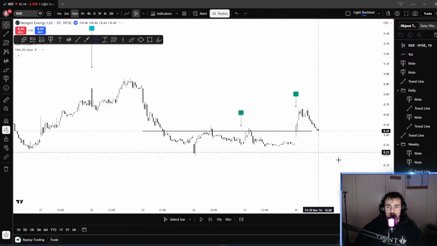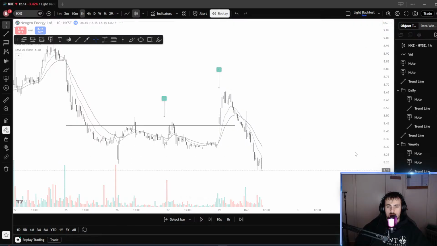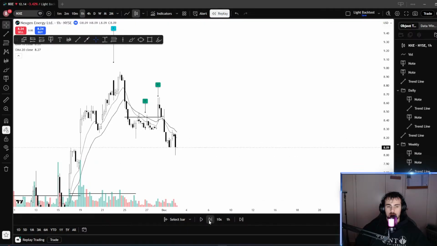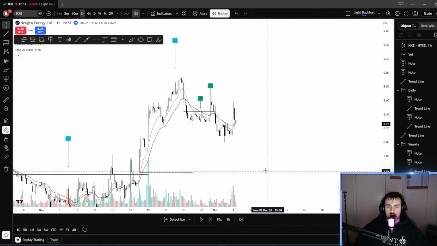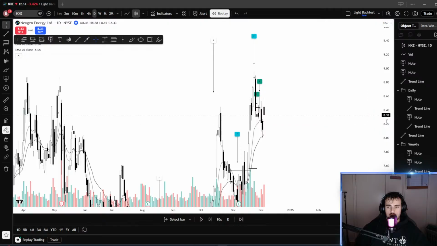So we can now go to our 10-minute time frame. Wait for the same exact thing. And the 1 hour just looks like it probably breaks down here. Okay, and then creates another break here. I want to see how the daily looks. Daily looks fine.